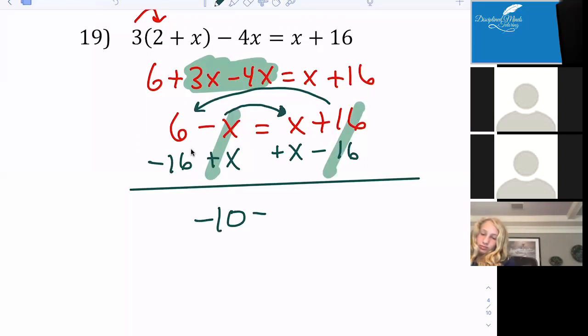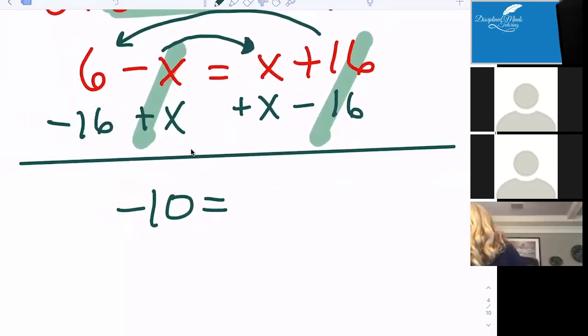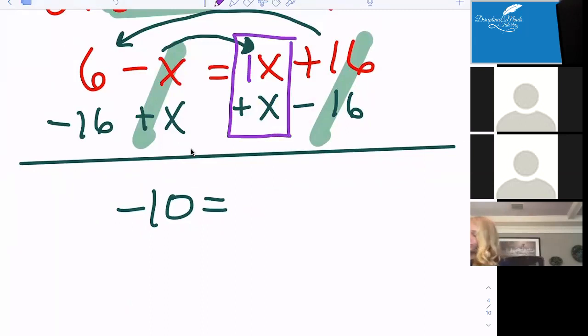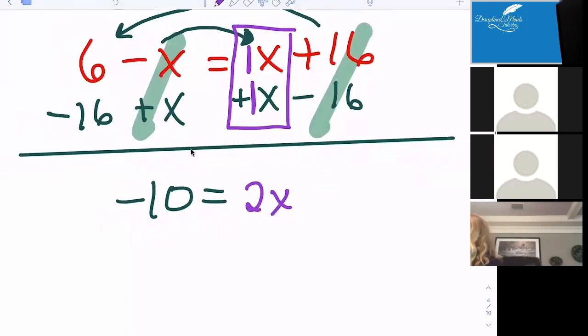Good job, kiddo. Now you're adding these two together now, please. You're adding these two, right? That's a 1 and a 1, kiddo. You with me? Now what?